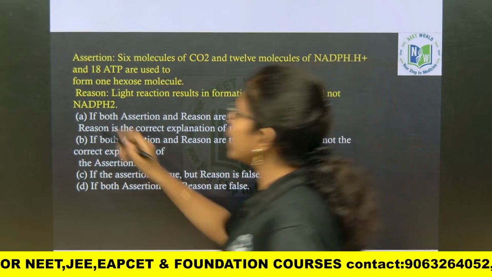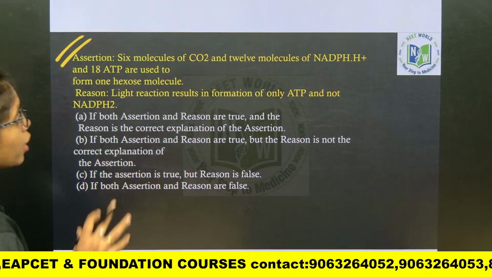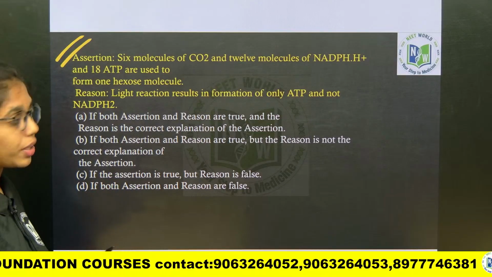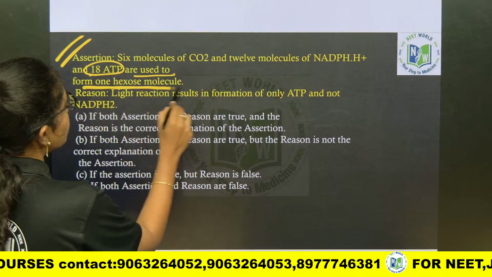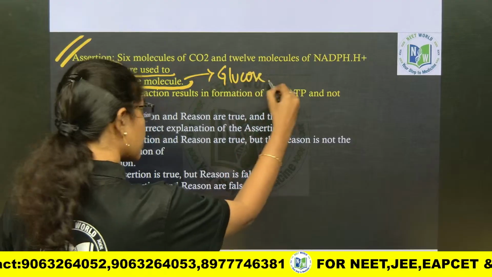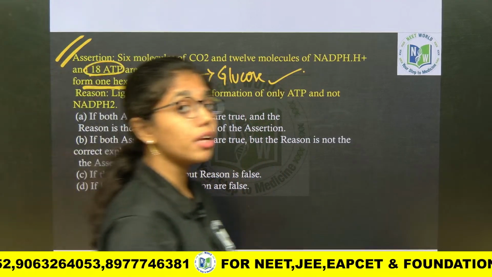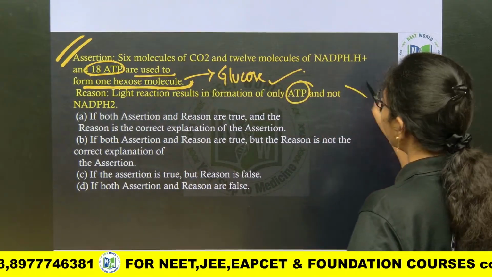Here again an assertion reason question. 6 molecules of carbon dioxide, 12 molecules of NADPH + H+ and 18 ATP are used to form one hexose molecule, let us say glucose. Correct, right? In the reason, light reactions result in the formation of only ATP but not NADPH.